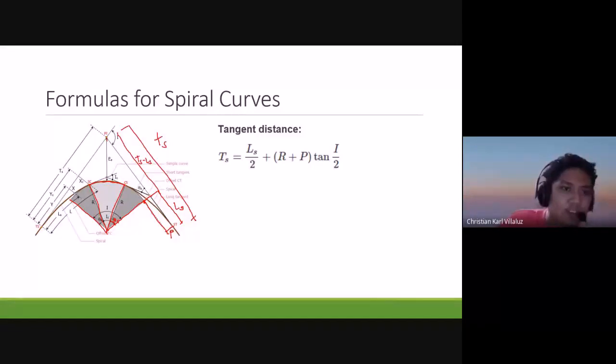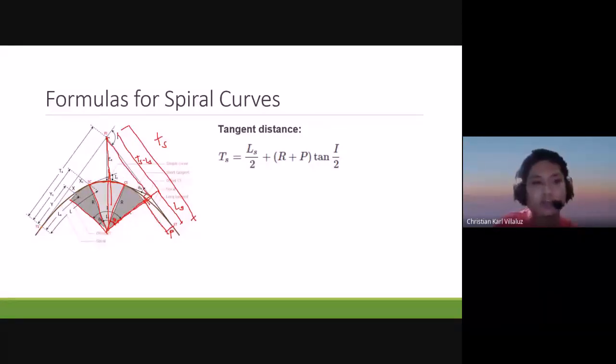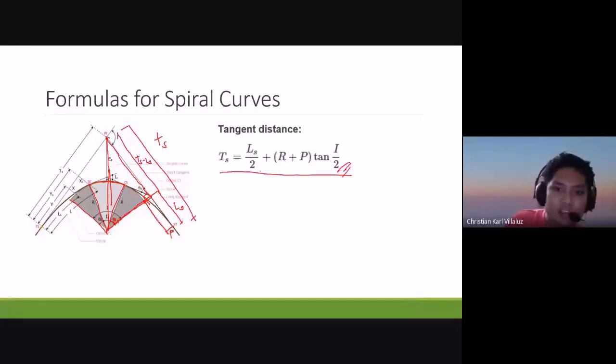Then, tsaka tayo magpo-form ng right triangle dito. Itong right triangle na to. Then, just apply trigonometric function. Cosine or tangent. Then, tsaka na ma-derive itong formula na to. So, natin i-derive. Ito na yun. LS over 2 plus R plus B tangent I over 2. So, ito, R plus B.